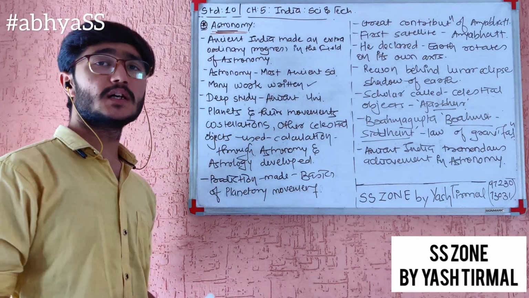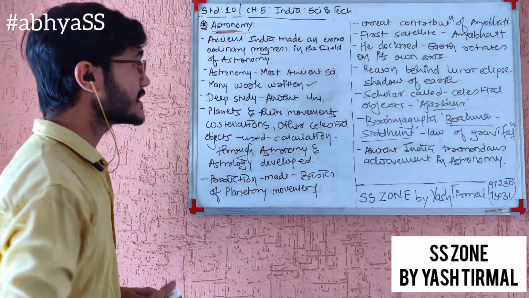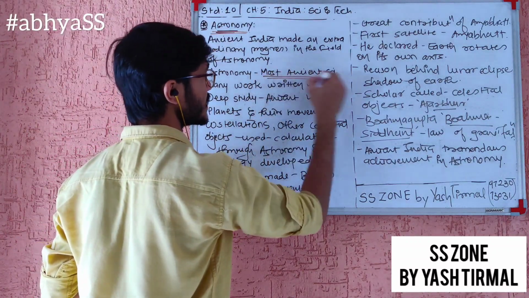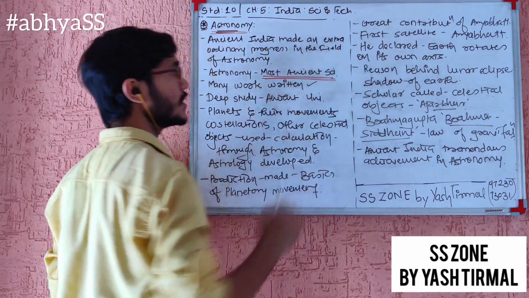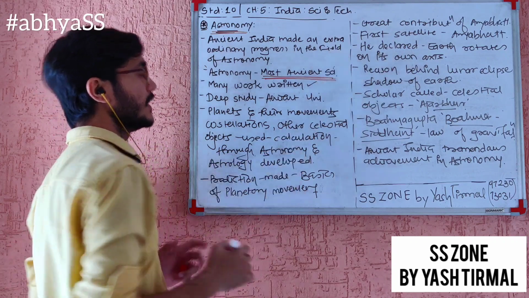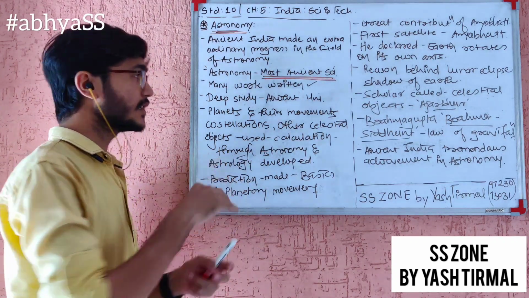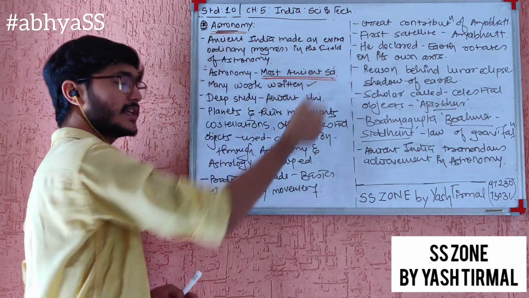According to literary belief, astronomy is the most ancient science, which is described in your syllabus. And this is very important though. Which science is the most ancient? Astronomy is the most ancient.